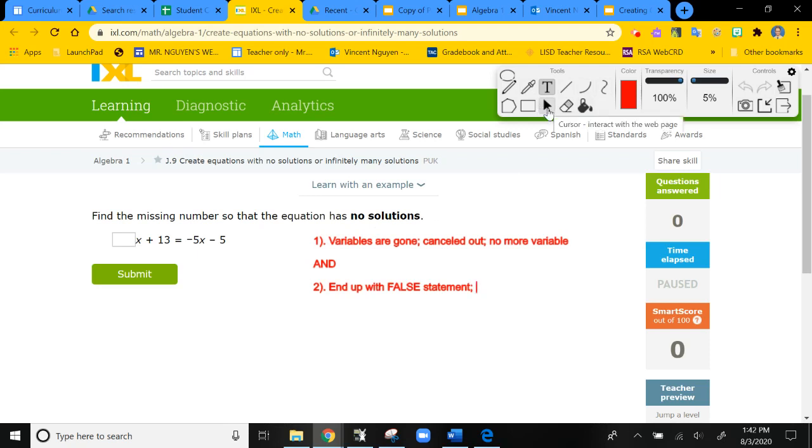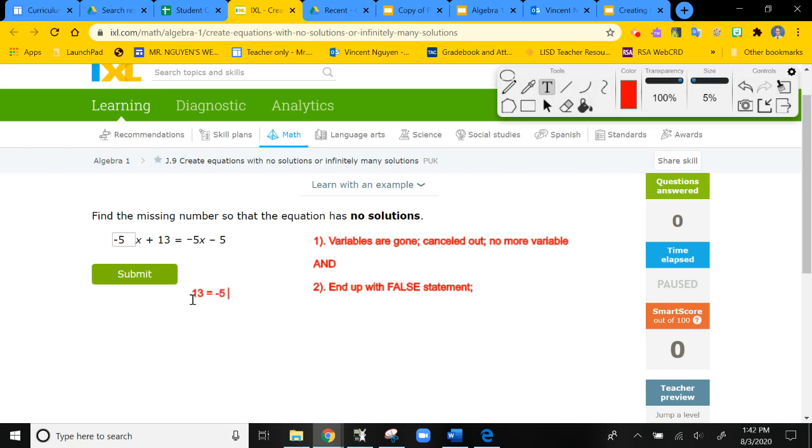So let's go back to this example here. In order for us to make the variables gone, this side of the equation has to have the exact same thing as the other side so that they actually cancel out. So what I need here is a negative 5x as well. If a negative 5x and a negative 5x cancel out, I will end up with a statement that says 13 equals negative 5.